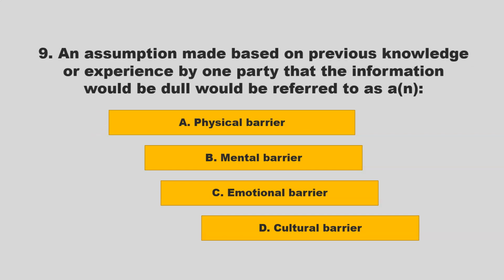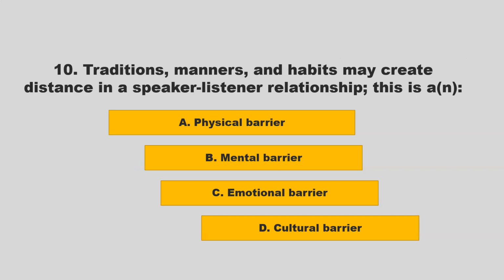An assumption made based on previous knowledge or experience by one party that the information would be dull would be referred to as a, is it physical barrier, mental barrier, emotional barrier, or cultural barrier? If you chose B, mental barrier, you are correct.